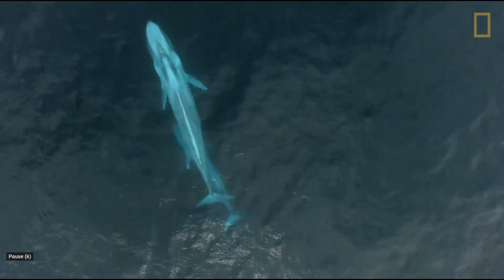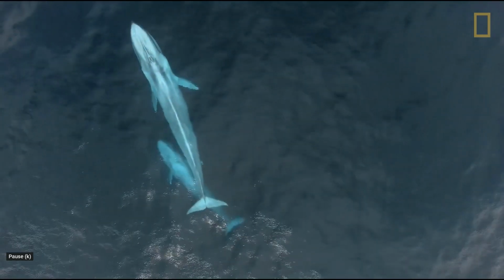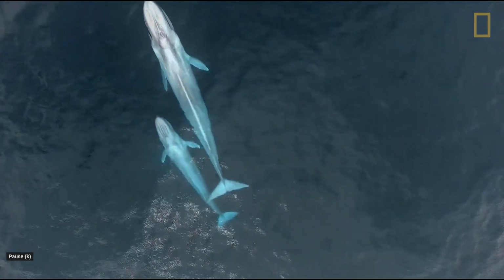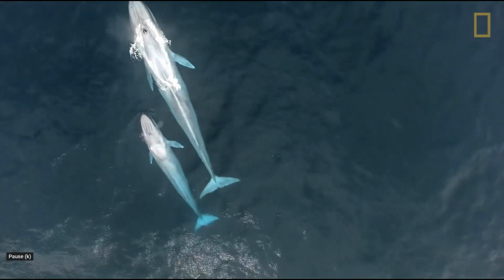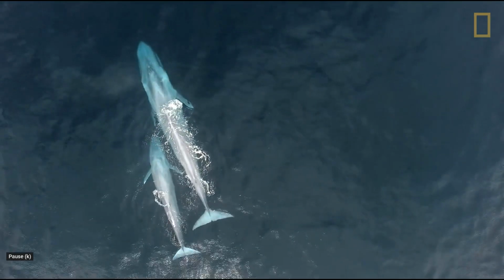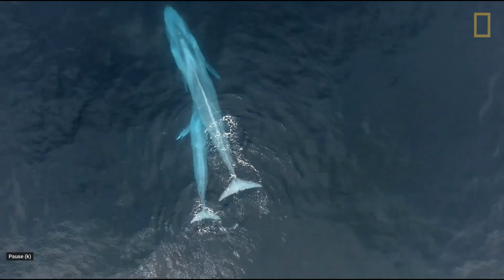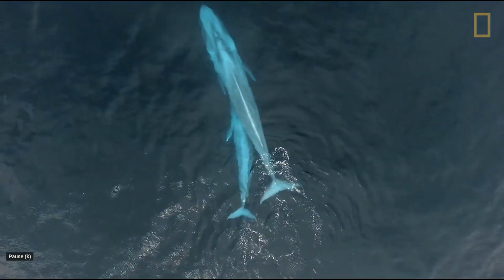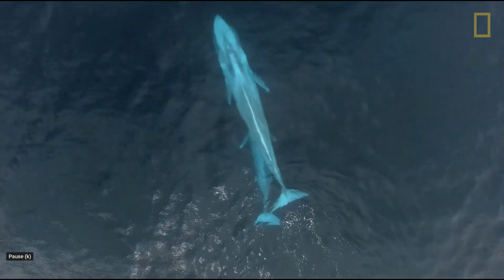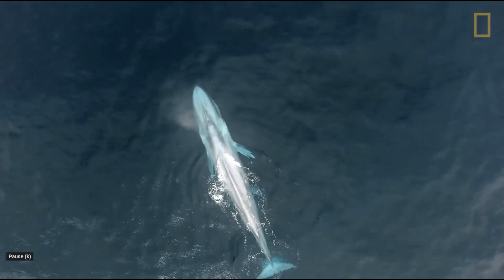Once lactation is done at what's estimated to be about 5 or 7 months, the calf is considered weaned, and then it should go off on its own at that point. So these animals are generally solitary. They can aggregate on feeding grounds. Seeing this nursing activity, as well as the 5 mom-calf pairs in this region, definitely shows us that this population is reproducing, and it's an important area for moms to come and raise their young.